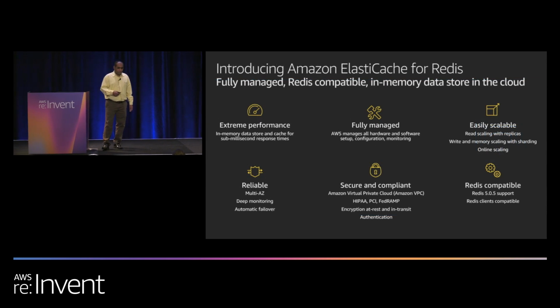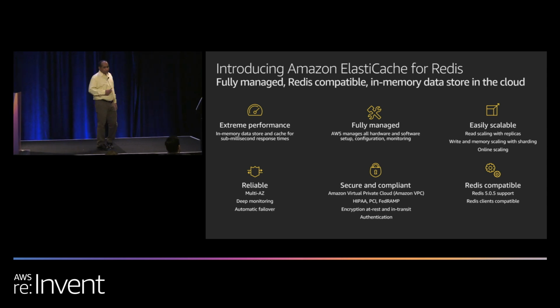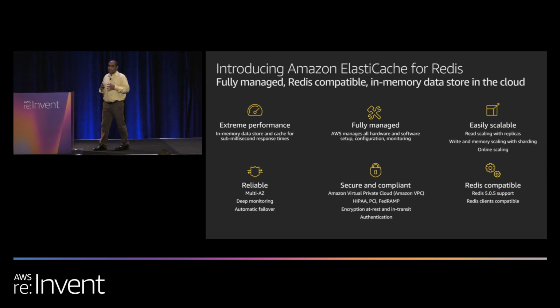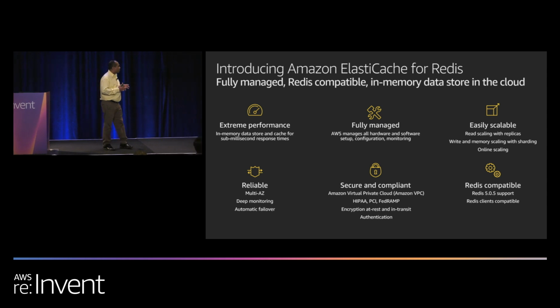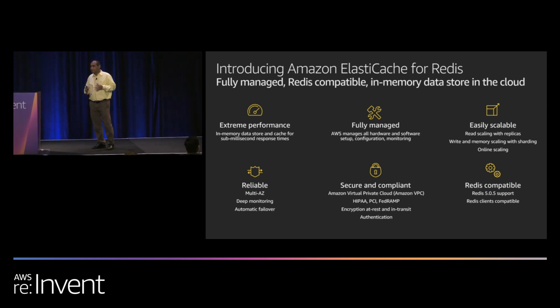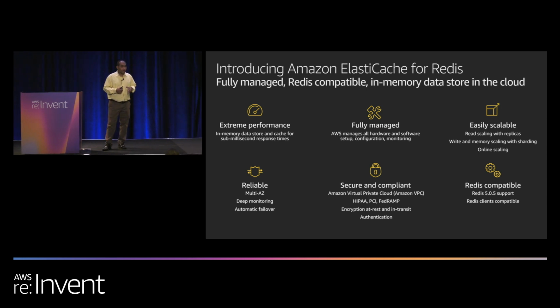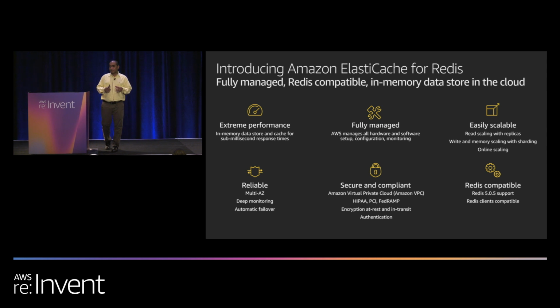Now, what do we do on ElastiCache? The first thing that we do is that we are tuning Redis for extreme performance on the instance types. Take R5s, for example, or M5s. We released early in the year our R5 and M5 instances that you can use to host Redis workloads on ElastiCache.